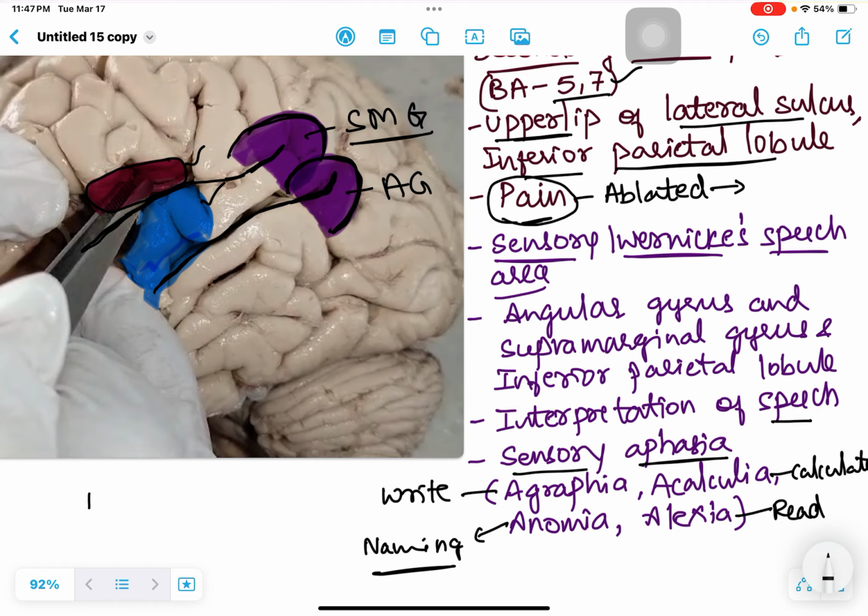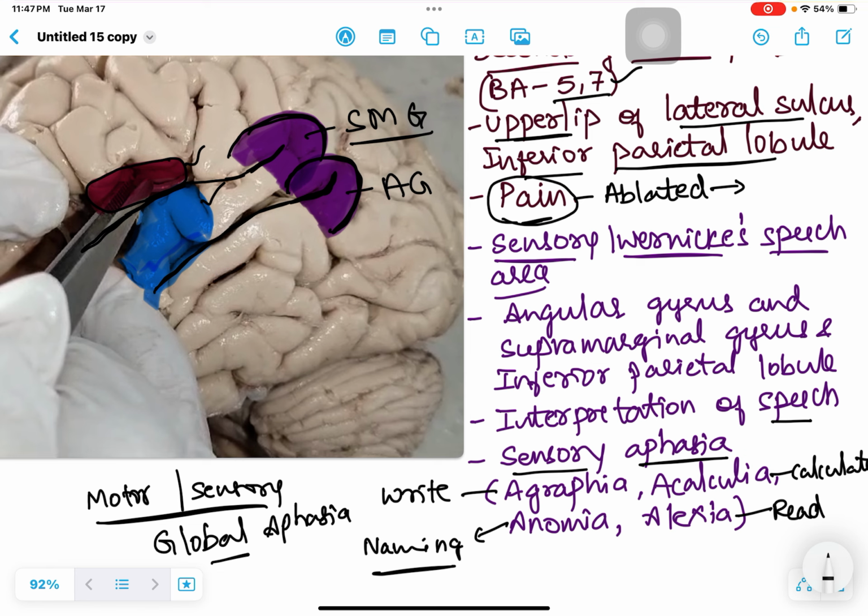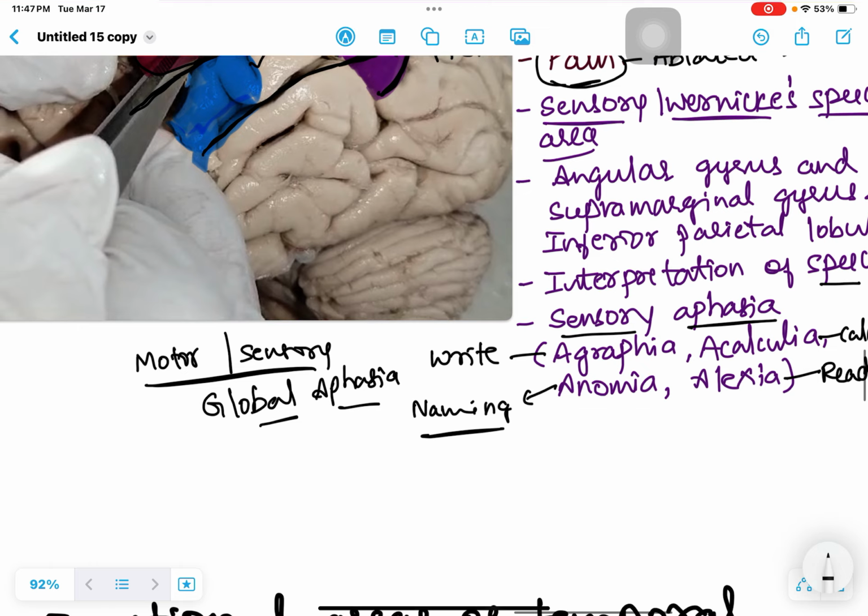Suppose there is damage to the motor speech area as well as the sensory speech area. Then this is called global aphasia. The person cannot vocalize and cannot understand, read or write anything. So this is global aphasia.